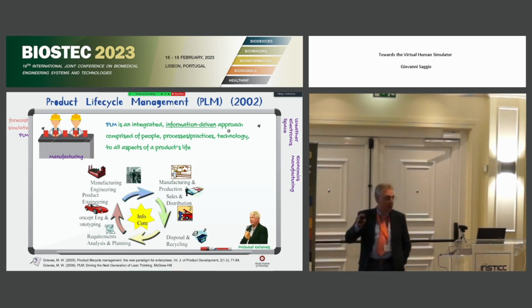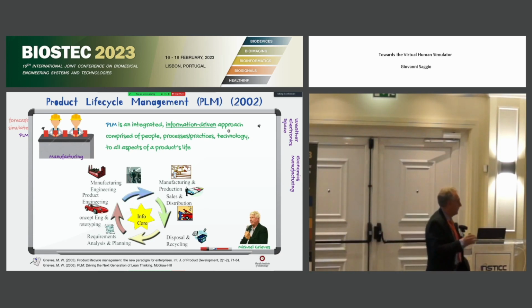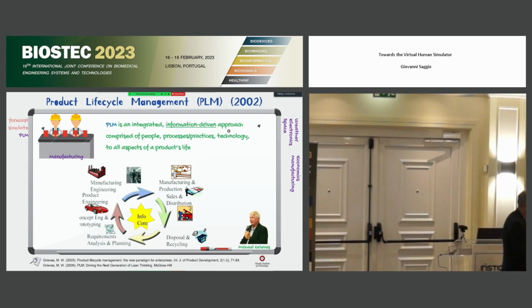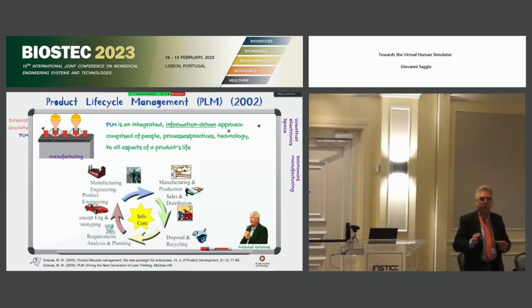So this PLM, as the acronym, is an integrated information-driven approach comprised of people, process, practices, technology, to all aspects of a product's life. So the idea was to have the entire picture to understand what was going on and what could be going on in the future.